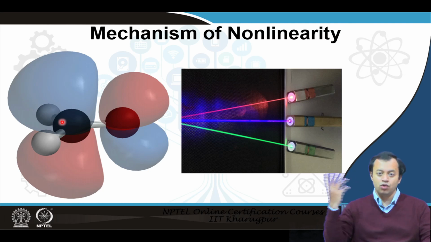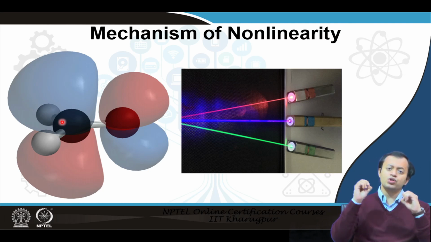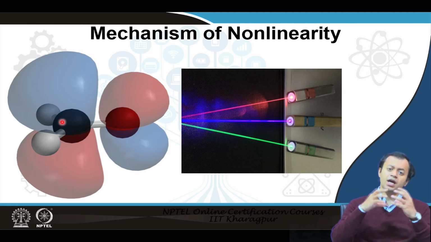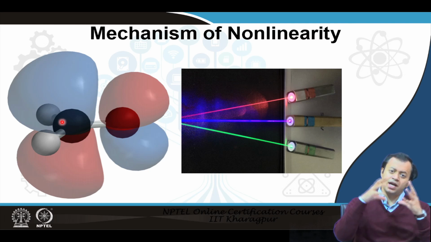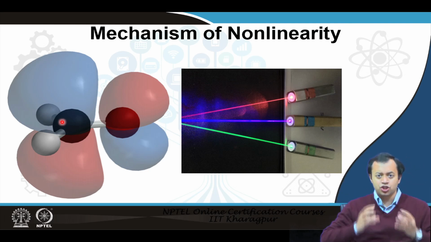One has sigma bonding, one has pi bonding, one has different bonding. So, there are different forces of attraction between different electrons or different electron clouds subjected to their respective parent atom, which then form the overall complicated molecular structure.